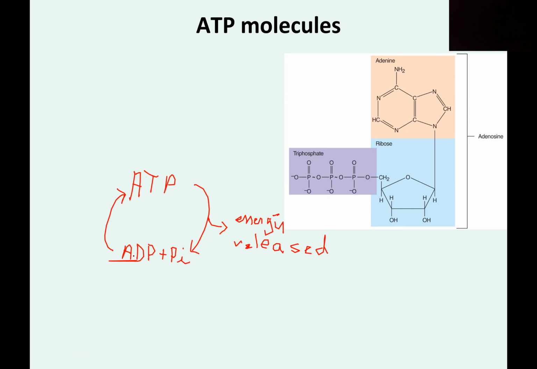Okay, so then when we put phosphate back onto ADP to form ATP again, it's going to require energy.